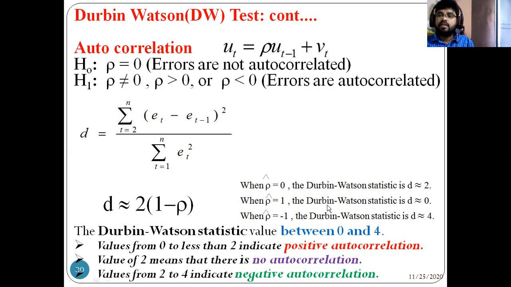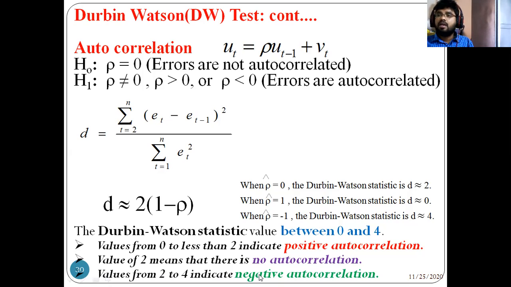If D is from 0 to less than 2, it may be 1.7 or 1.8; sometimes we can consider that there is less autocorrelation, but there is a positive autocorrelation. If you get a D value of more than 2, from 2 to 4, it indicates negative autocorrelation.